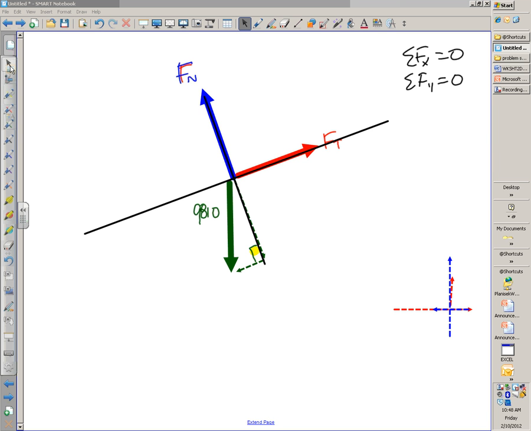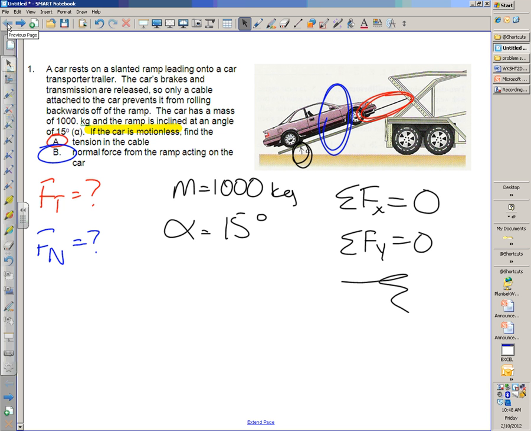Back in the statement of the problem, it told you that there was a 15-degree angle between the ground and the ramp. It was labeled as angle alpha in your picture. That's 15 degrees. I'm going to tell you something right now, and you can either take it on faith, or when you get back into class on Monday, you can ask me about it.